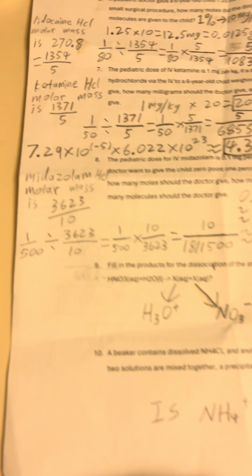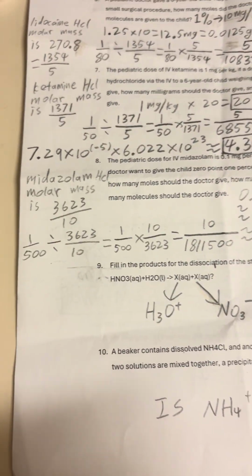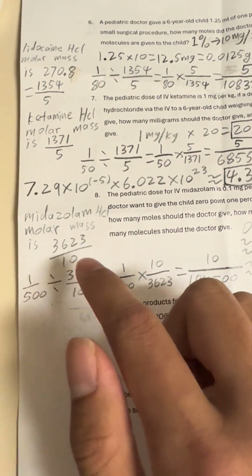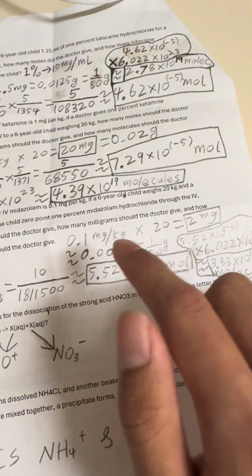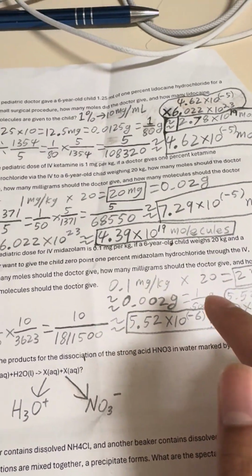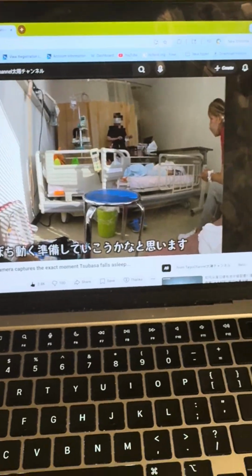And if they're using midazolam, it's the same thing. Same calculation, but different numbers. This is the molar mass of midazolam HCl, which is this. And the dose is this, 0.1 times 20. I guess the child weighs maybe about 20 kilograms.